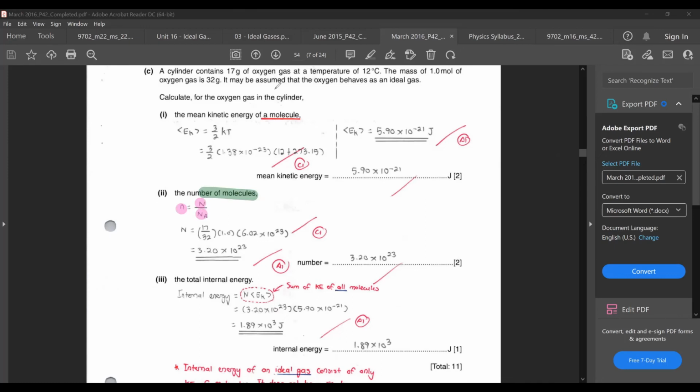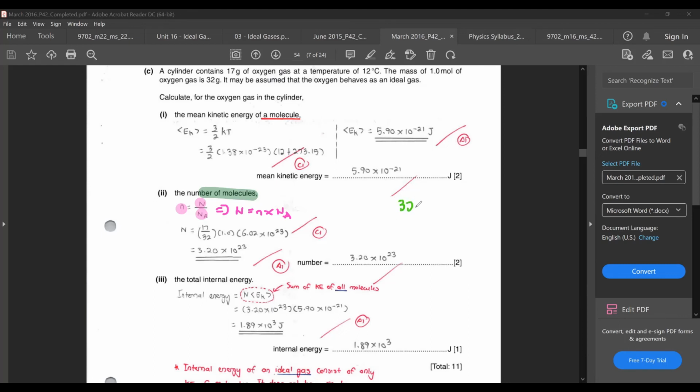So the number of molecules is the number of moles times your Avogadro constant. You need to find out the number of moles for your oxygen gas. You can do it from the information given. You see, they told you that 1 mole is 30. Okay, wait, let me rewrite it in a different manner.